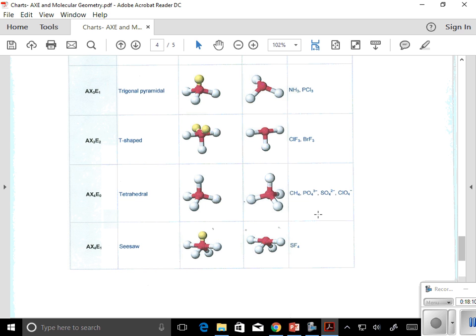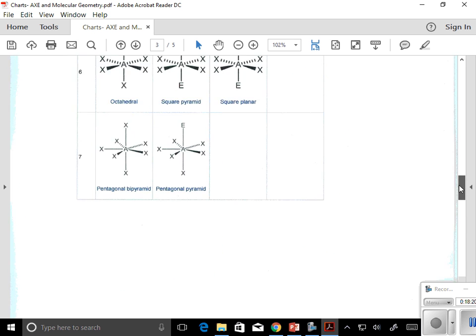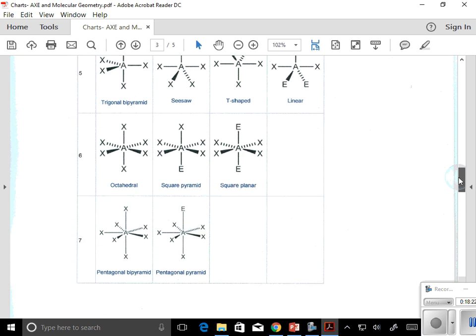Number two, it's going to help us draw it. How? Because now I'm going to go back up here. These are lines, wedges, and dashes. So now I find tetrahedral up here.